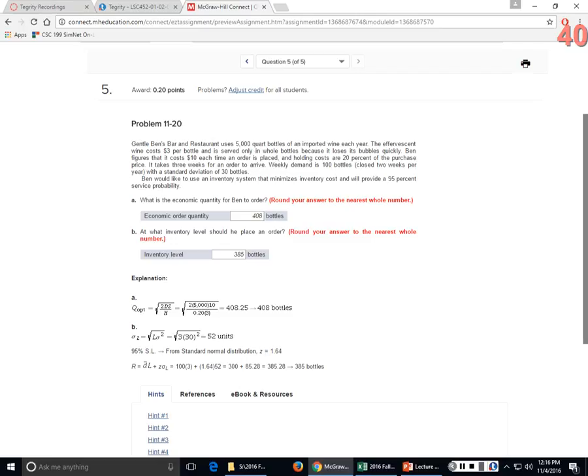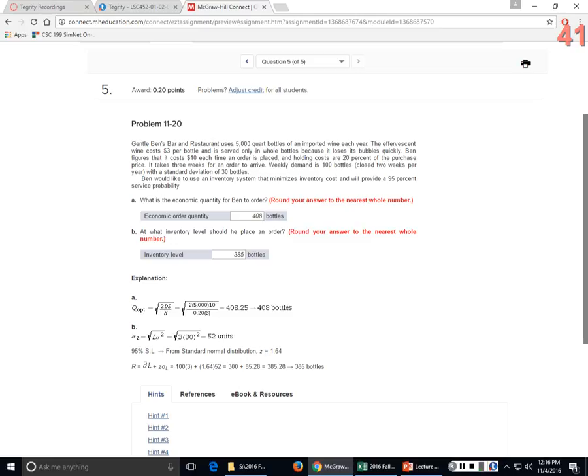Part B says, at what inventory level should he place an order? Well, we know that our reorder point is average D times lead time plus Z times the standard deviation of lead time. We would like to use an inventory system that minimizes inventory costs and will provide a 95% service probability.